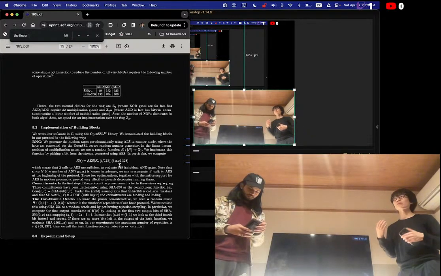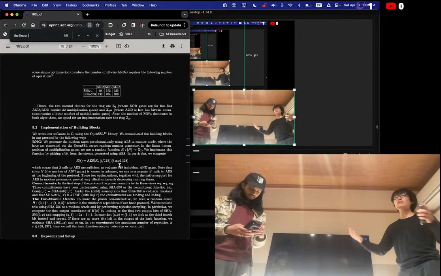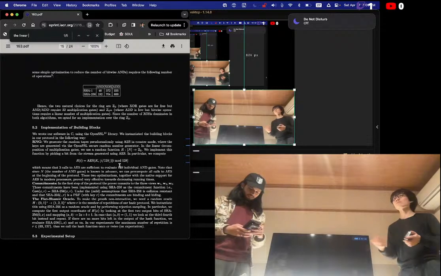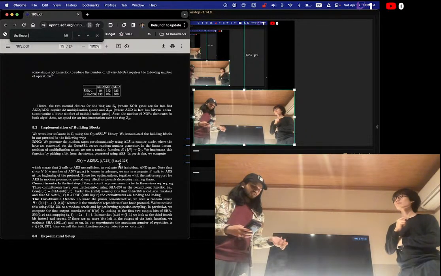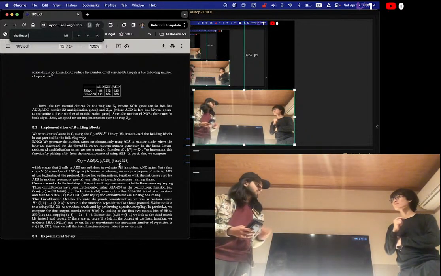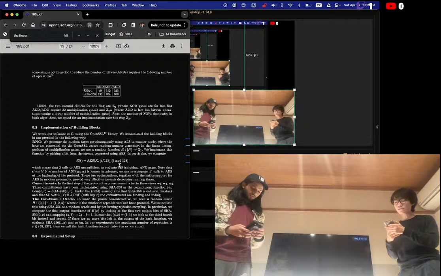So if the paper says it's friendly with Boolean circuits, it can draw a lot of attention from researchers. So I think this is why they focus on Boolean circuits. I see. But if you want to do SHA-2, Boolean circuits are the fastest. Yeah, so if the benchmark was broken, I'm not sure.